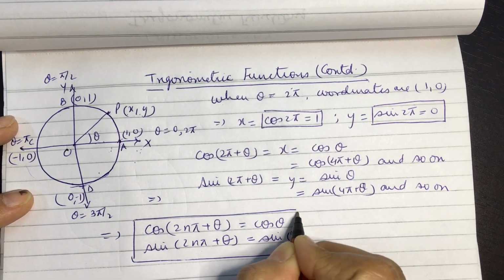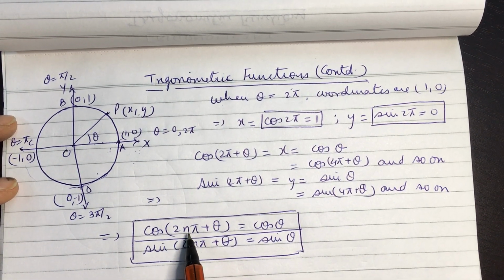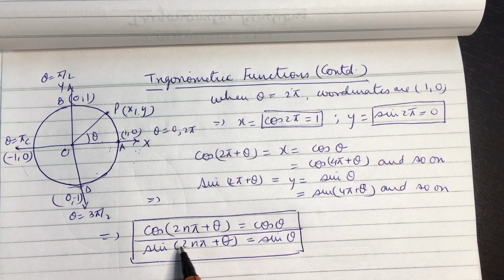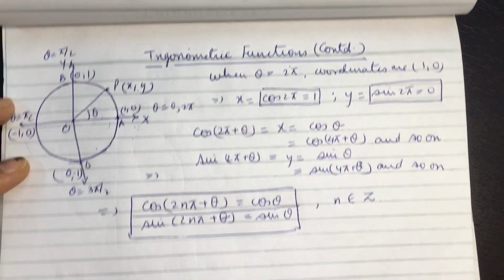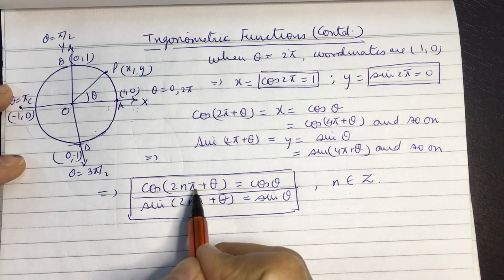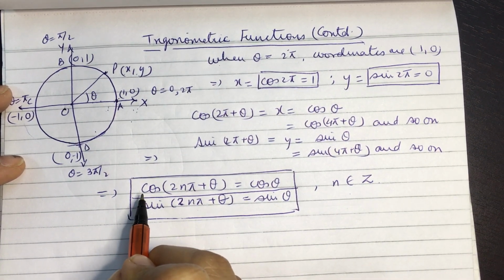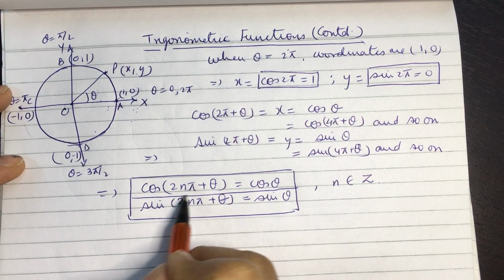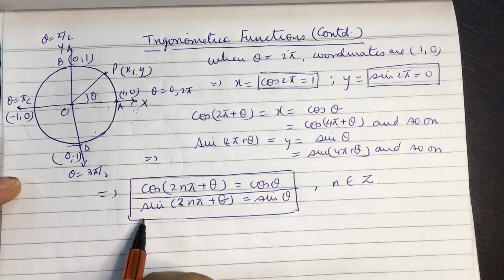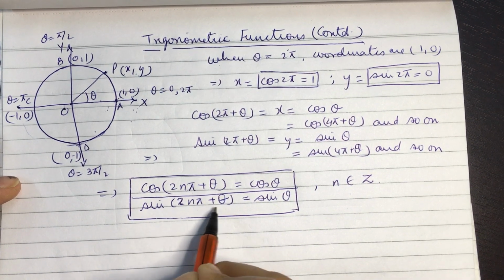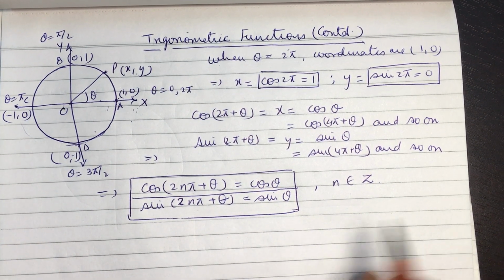Why are we writing it as 2n pi? It's an integral multiple of 2 pi, where n belongs to the set of integers. So for any integral multiple of 2 pi plus theta, the cosine gives back the same value as cos theta, and the sine gives back the same value as sin theta.